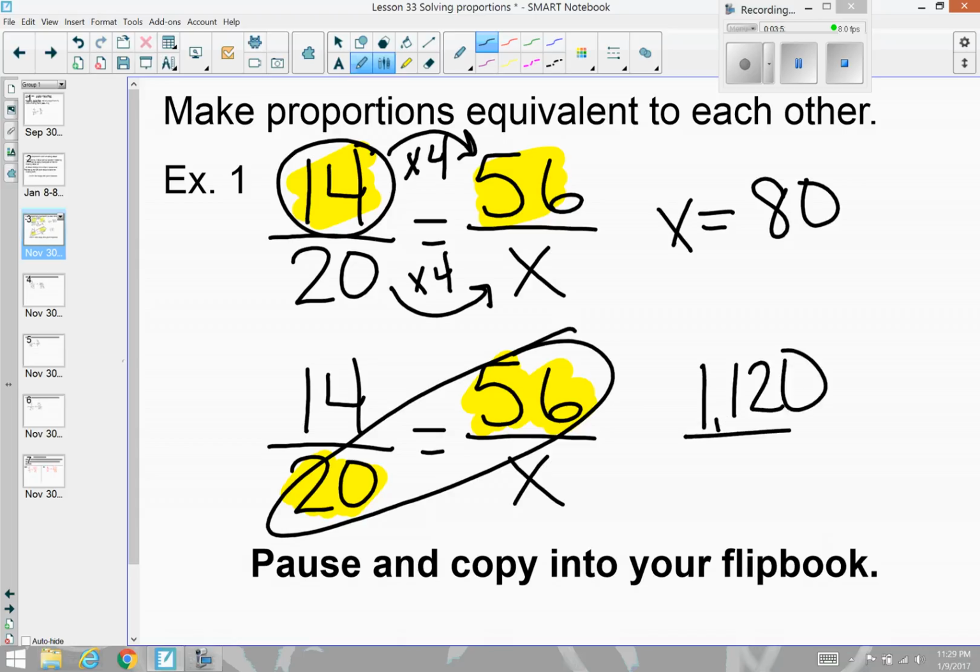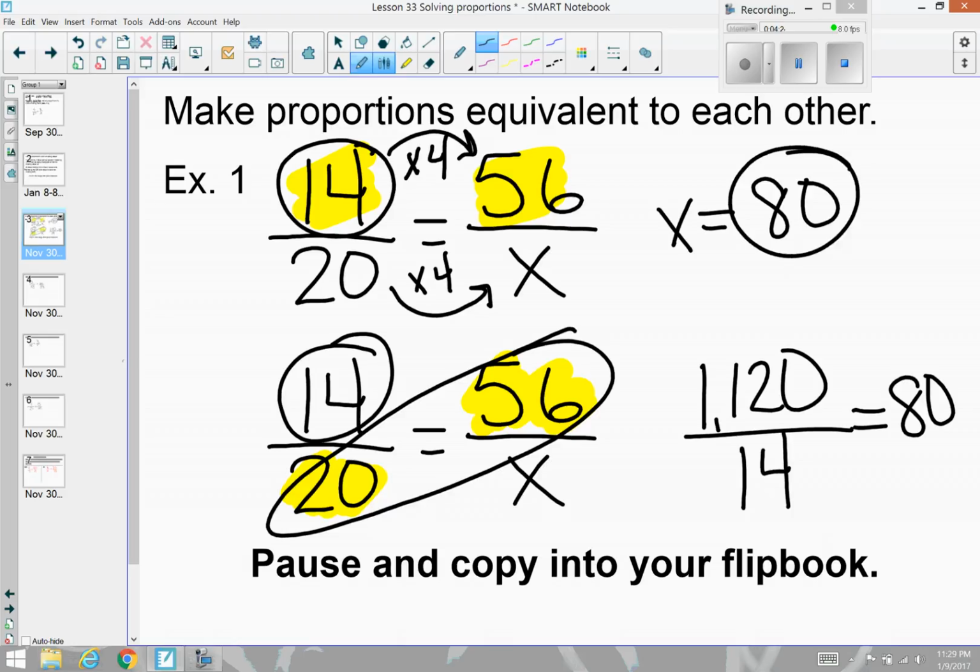1,120. Now we want to use the leftover term, which is 14, and we're going to divide the value we had before by that number. So we're going to take 1,120 and divide it by 14, and x will give us 80 in this case.